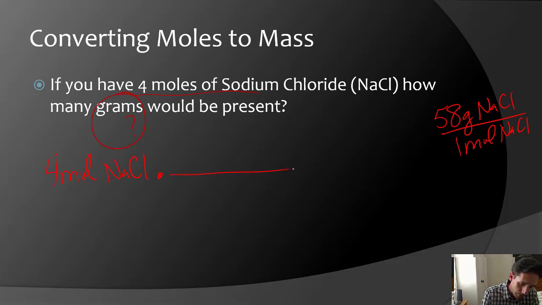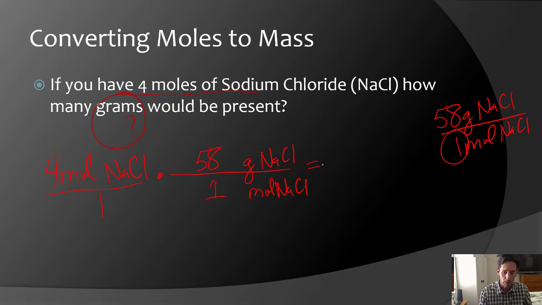So we're going to set up our math here. This is over 1. The unit we want to get rid of always goes in the denominator, so we're going to put our moles of sodium chloride down here in the denominator, and the grams of sodium chloride in the numerator this time. According to what I have here, for every 1 mole of sodium chloride, I will have 58 grams of sodium chloride.